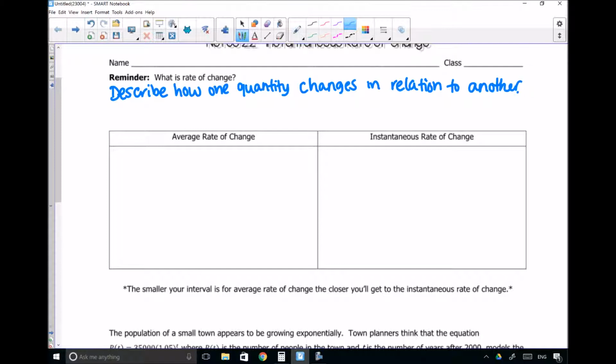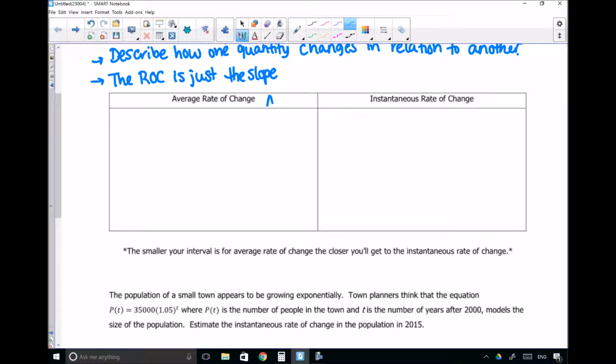Also, a really key piece of information is that the rate of change is just the slope. Okay, what type of slope it is depends on whether it's the average rate of change or the instantaneous rate of change. So we will use the acronym AROC for average rate of change, and we will use the acronym IROC for instantaneous rate of change.